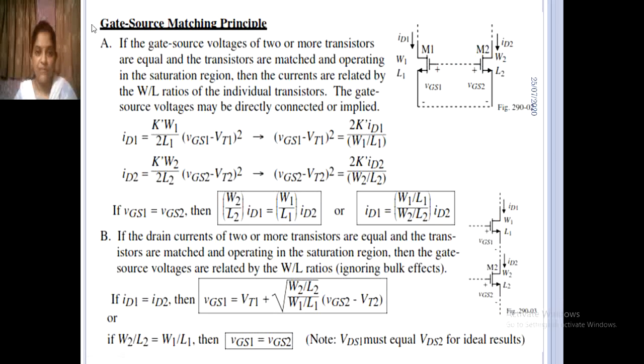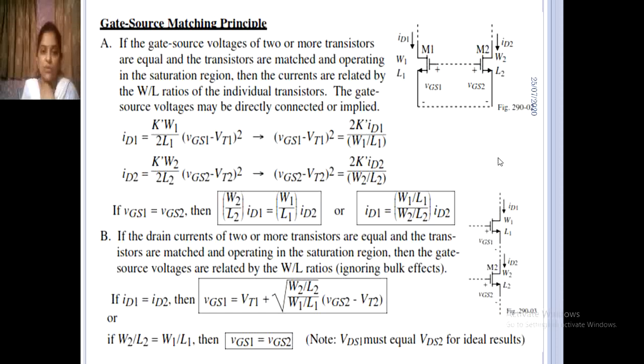Then the gate source matching principle. If the gate source voltages of two or more transistors are equal, and the transistors are matched and operating in the saturation region, then the currents are related by the width by length ratio of the individual transistors. The gate source voltage may be directly connected or implied.